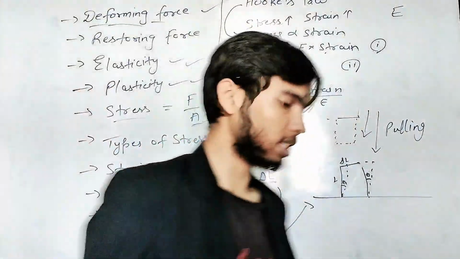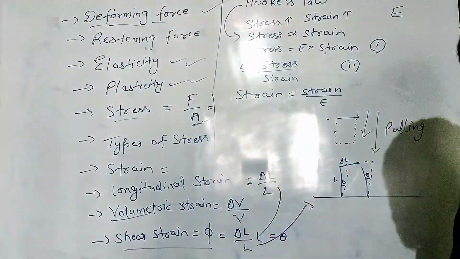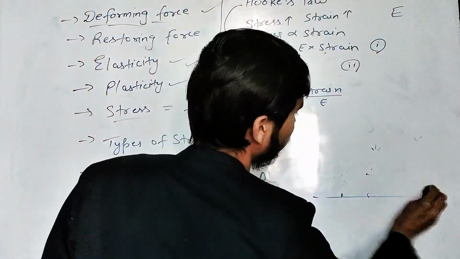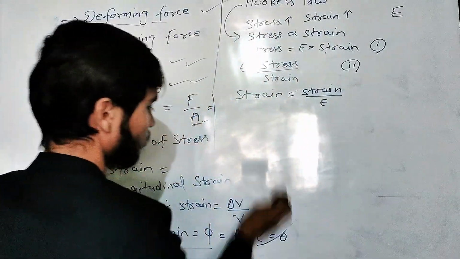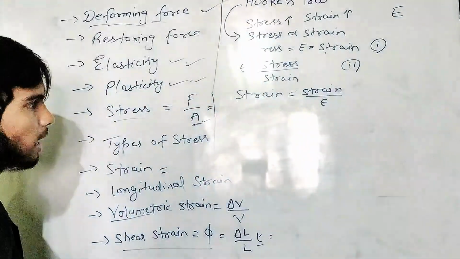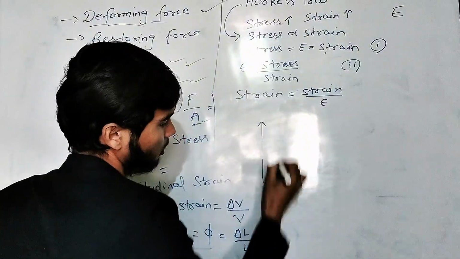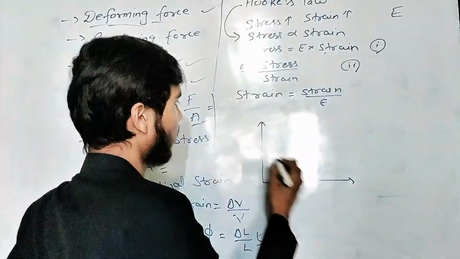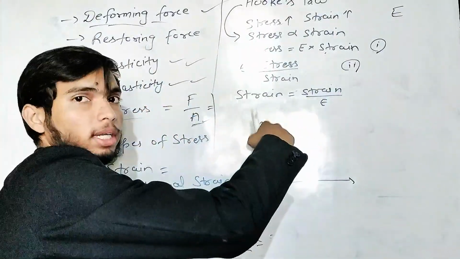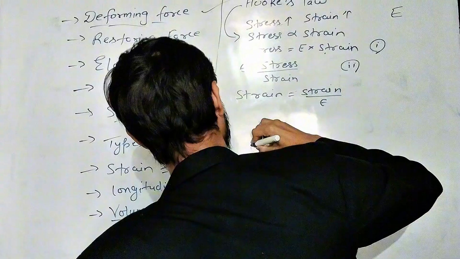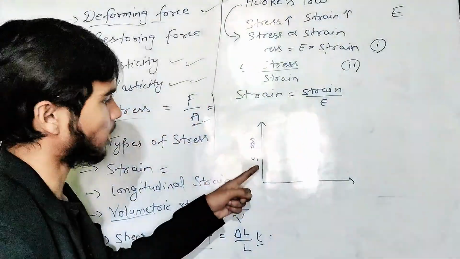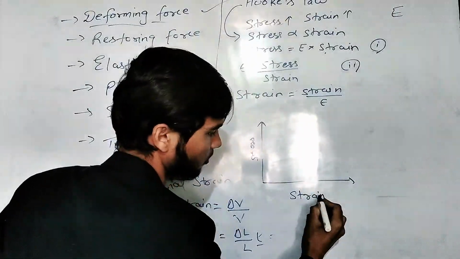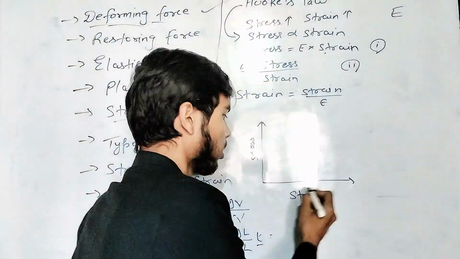If you want to draw a graph, because in this subject graph is very important, or you can visualize from this graph, let me draw the graph for Hooke's law. The graph will look like this. This is horizontal, this is vertical, and we are taking the vertical as stress and the horizontal as strain.